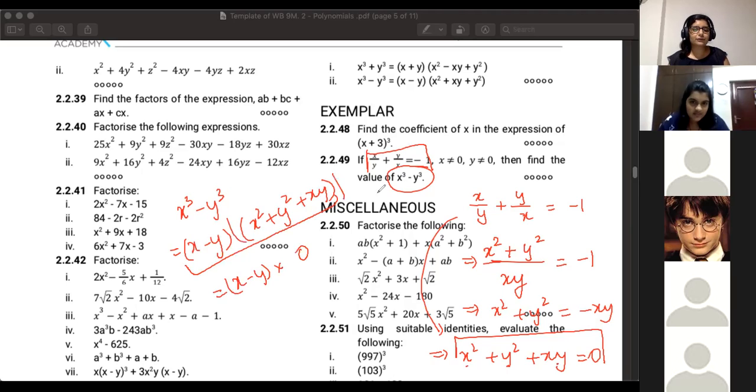Now, why is this 0? Based on what we calculated over here, x square plus y square plus xy is equal to 0. So anything into 0 is 0. So this whole thing will be equal to 0. That's how you use the identity. Because you know this identity, you got a clue that this value is 0.